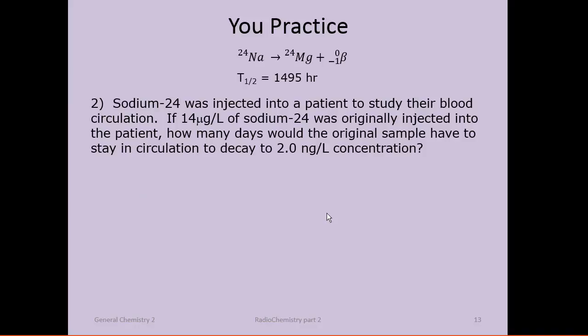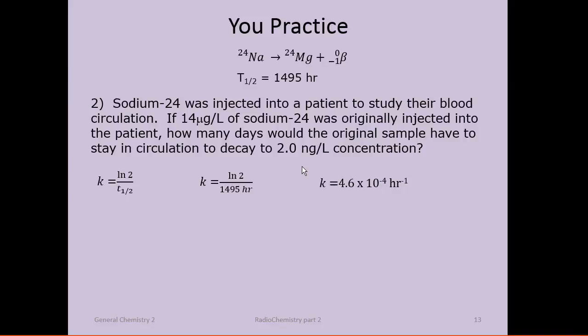Where you're working with sodium-24, one of the first things I would note, even though the integrated rate law has a lot of capability, I can't mismatch the units. So in this case, I actually have a concentration of 14 micrograms per liter that is analyzed, and then later it's measured at 2.0 nanograms per liter. So I'm going to want to work with the same units.